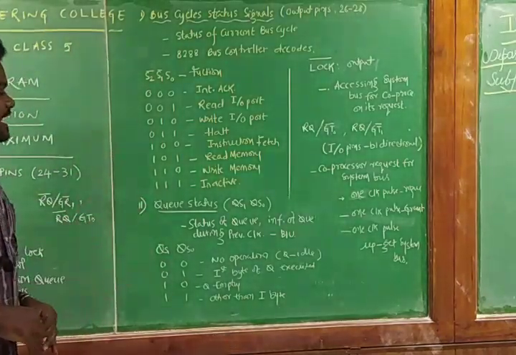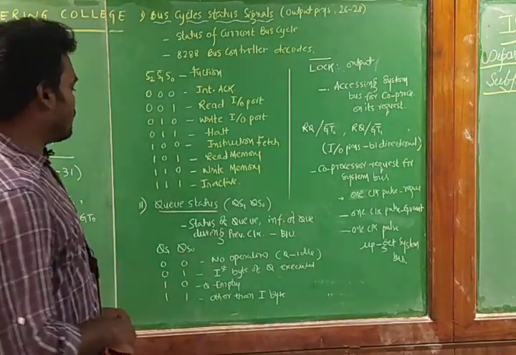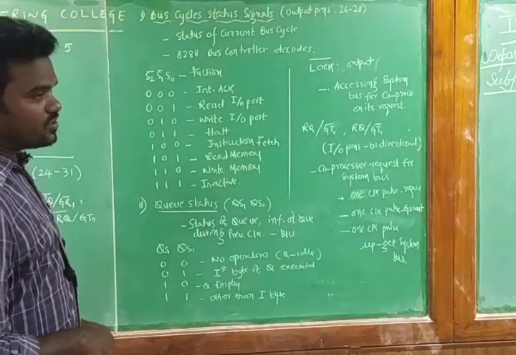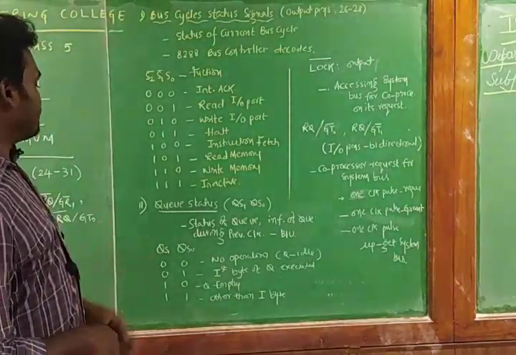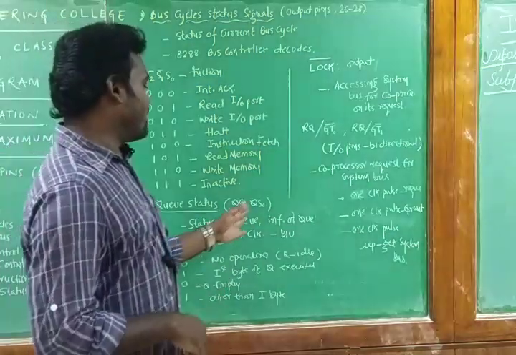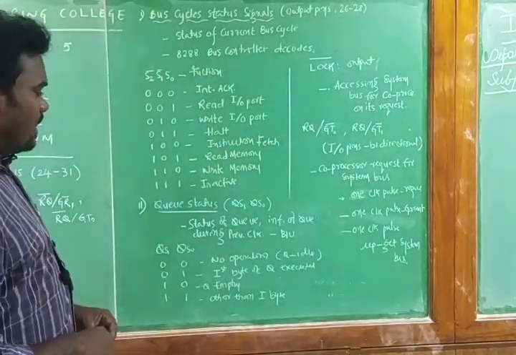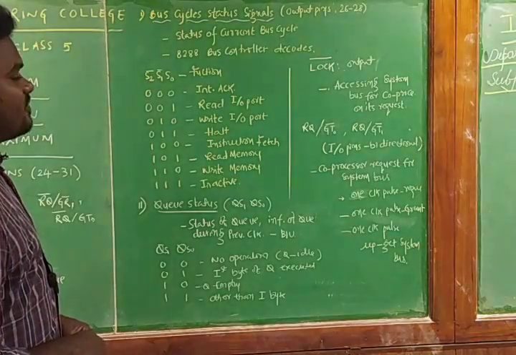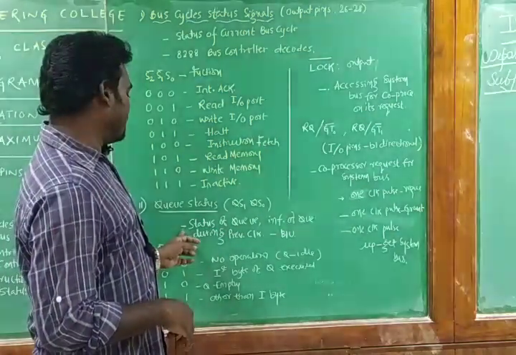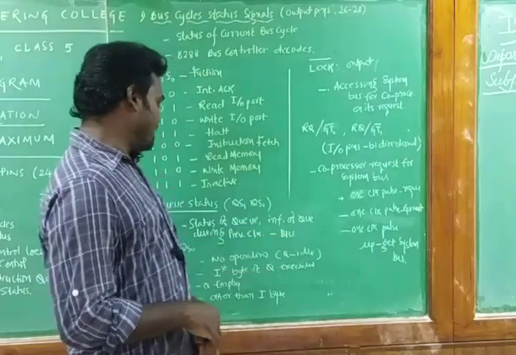Coming to the second category of the maximum mode signals, which is the Q status signals, which are two signals. These are also output signals, and they indicate the status of the queue, that is the information of the queue in the previous clock cycle, in the bus interface unit.